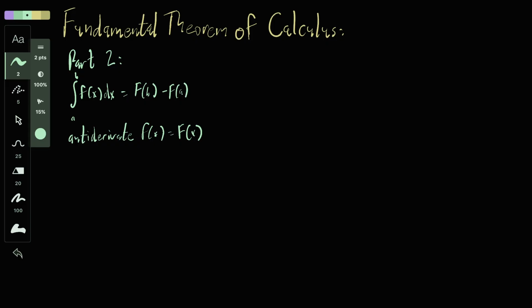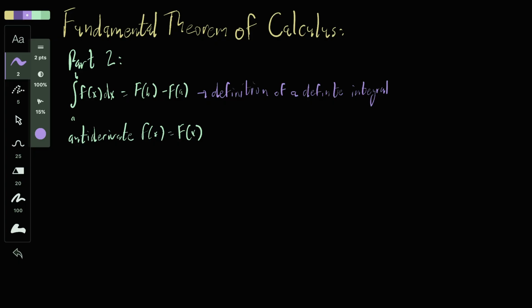Now you might know this as something else, as the definition of a definite integral. And if you said that, you would be exactly right, because the second part says that this is the definition of a definite integral.